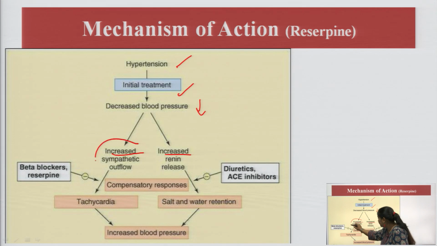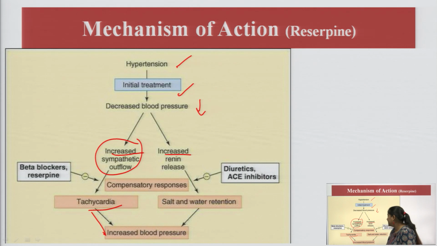After the increased sympathetic outflow, what happens? When the sympathetic outflow increases, it causes tachycardia and ultimately blood pressure increases again.